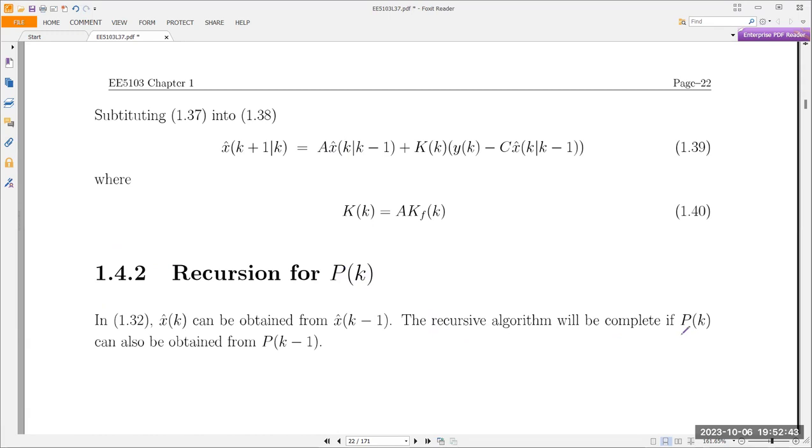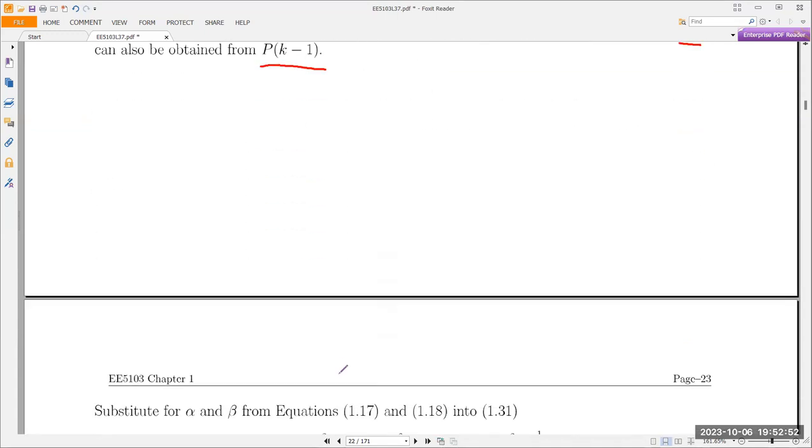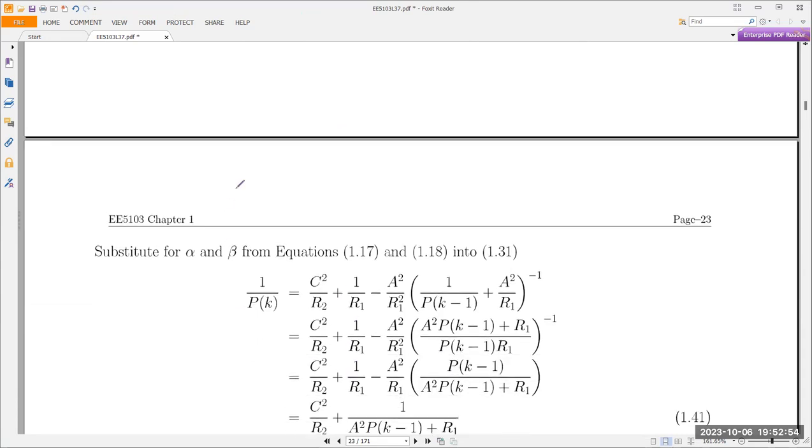So we now need to find P, obtained from Pk minus 1, again a recursion. Now you take 17 and 18 and put into 31, and you will get this.